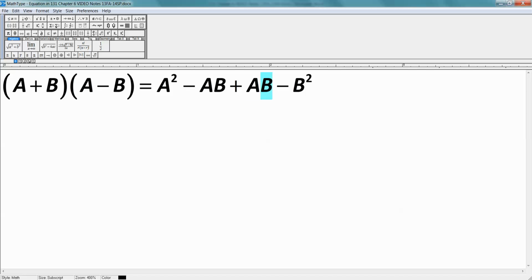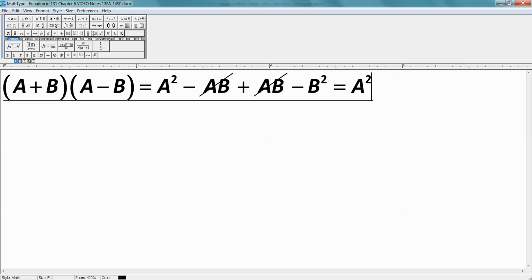The middle terms will disappear because they are the opposites of each other, right? So if you have minus ab and plus ab, that's all going to go away. And that leaves you with a squared minus b squared.